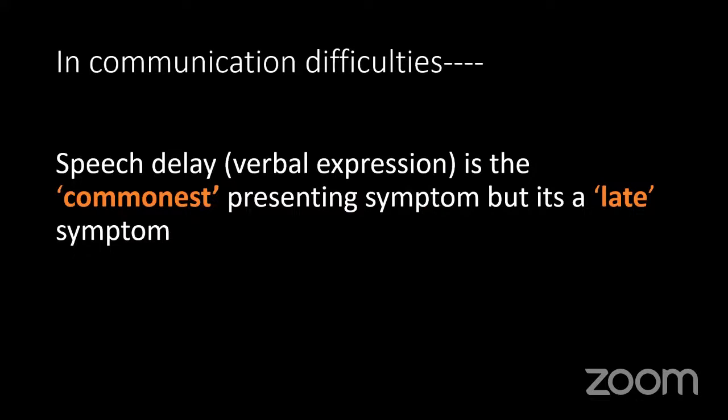Speech delay, the verbal expression, is the commonest presenting symptom, but it is a late symptom, because as we saw in that chart, there's a whole lot of non-verbal communication and receptive language which has to develop before meaningful expressive communication develops. Parents only talk about verbal expression. By the time they realize that something is missing or delayed, it's about 2.5 to 3 years of age. So how do we pick up early?